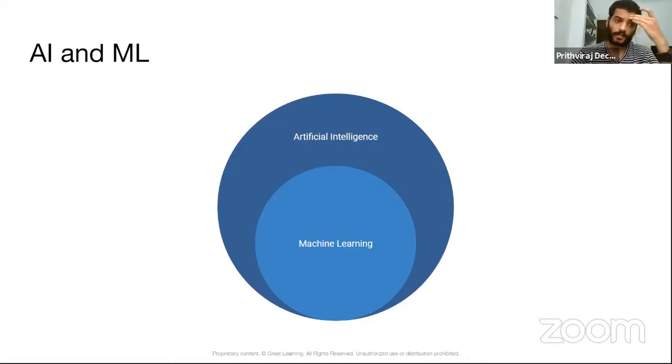The relationship between machine learning and AI is something like this: artificial intelligence is a broader field, and machine learning is a subset of that field. AI is the ability for machines to behave intelligently and pretend to be human, and machine learning is one way to enable AI.